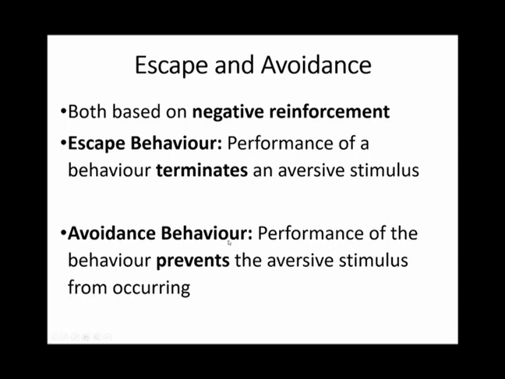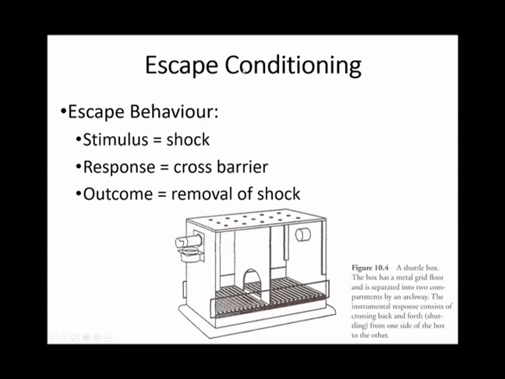For avoidance behavior, if you see your mother come into the room and she's going to vacuum, you can get up and leave before she starts vacuuming so that you can avoid the presence of that aversive stimulus. You're going to prevent your own exposure to that aversive or bad stimulus by performing a behavior that helps you avoid the situation.